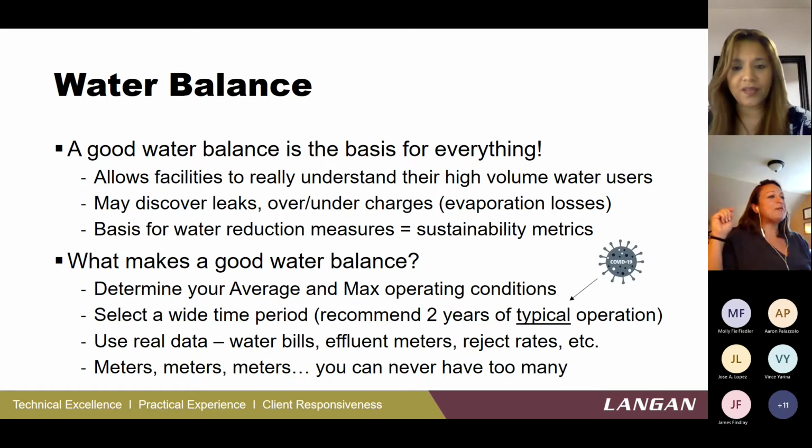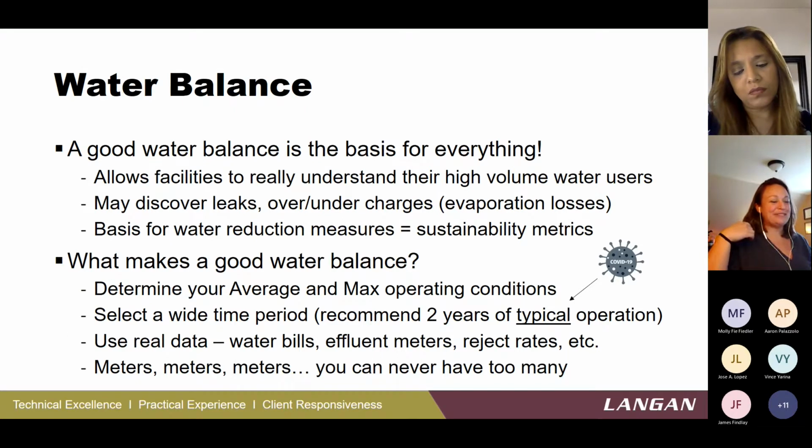These last couple of years have been interesting in terms of doing the water balance and really analyzing the process. Nothing has been normal in the last 2 years. So for those of you who are looking forward to doing renewals or maybe permitting for the first time, we'll probably have to go back further or make some different estimates.